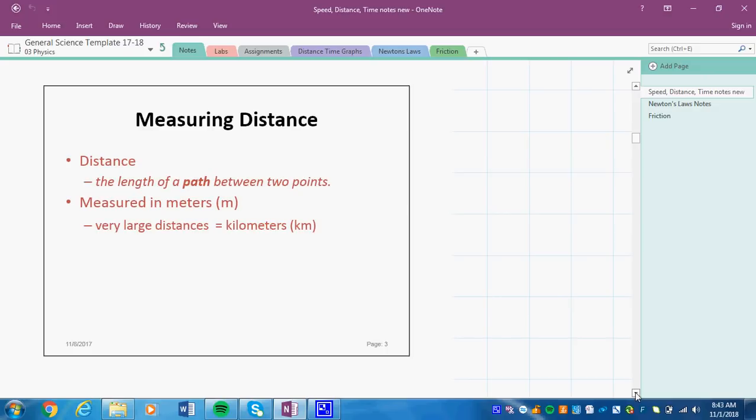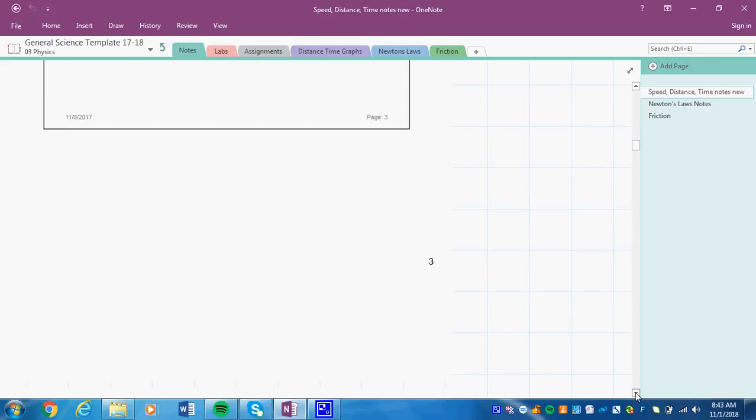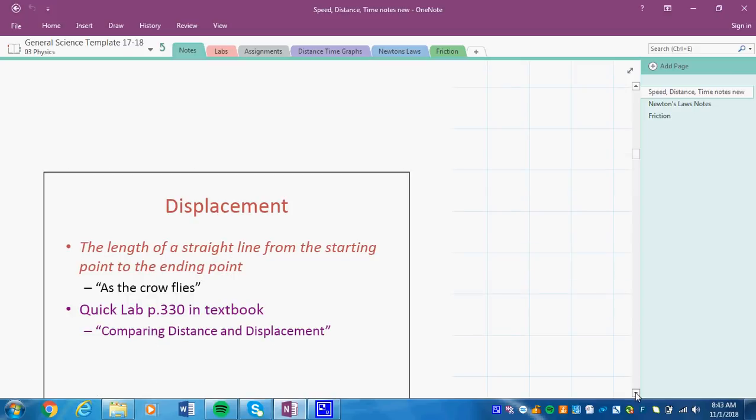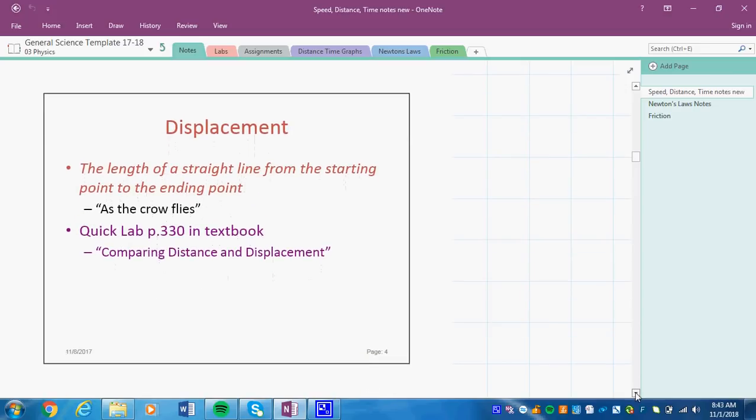Well, we use meters in the metric system, and for very large distances, we use kilometers. But what's interesting is if you look outside or on the road, it's in miles per hour. We had a time in our country where we were trying to change over to meters, and it just didn't happen. Too many people were stuck on using the standard system, and that's okay. But lots of different countries use the metric system.